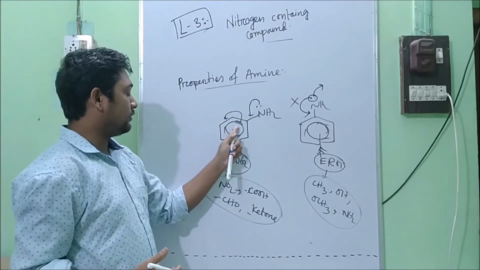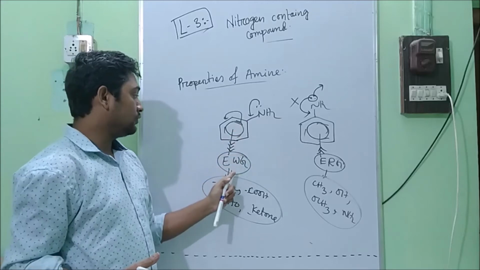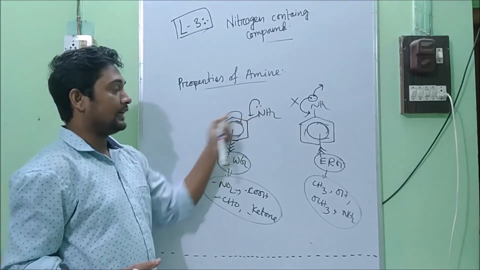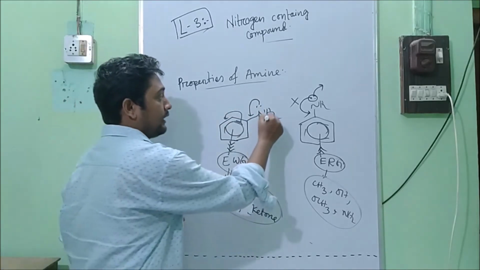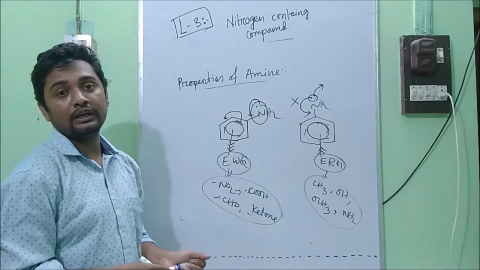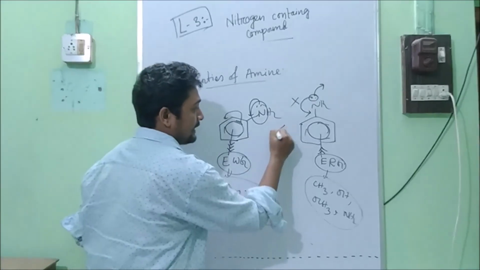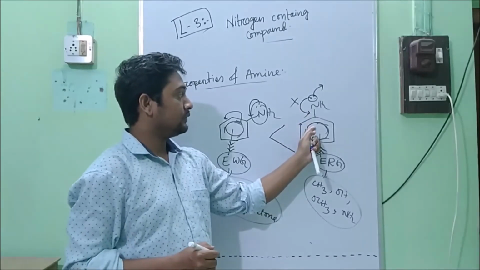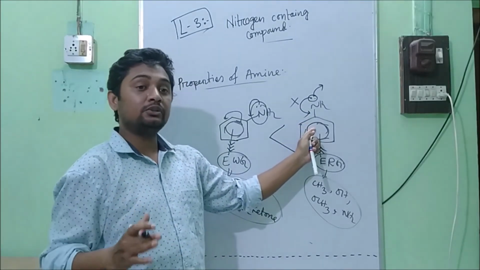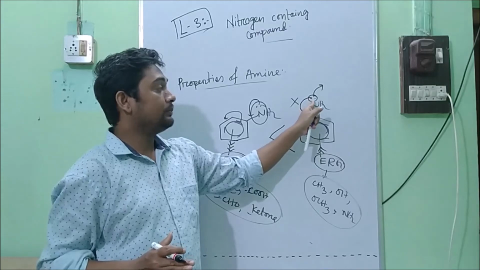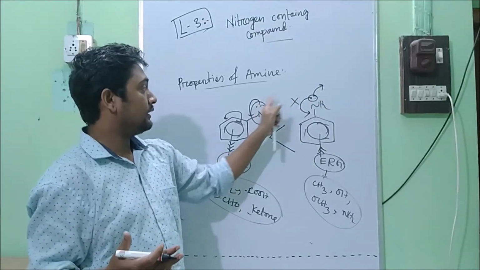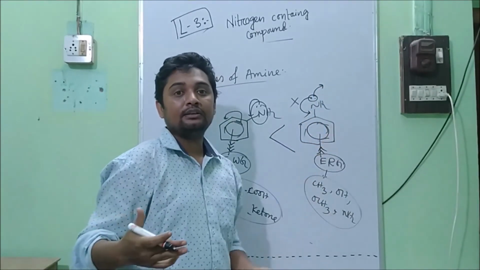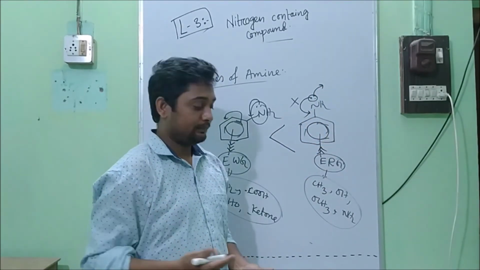So the lone pair on this nitrogen atom will not be available to donate. That's why its basicity will be less, and here its basicity will be more, because this one has less tendency to come into the benzene nucleus. So the lone pair will be more available compared to this one. As the lone pair is more available, it has a greater tendency to donate. So its basicity will be more.